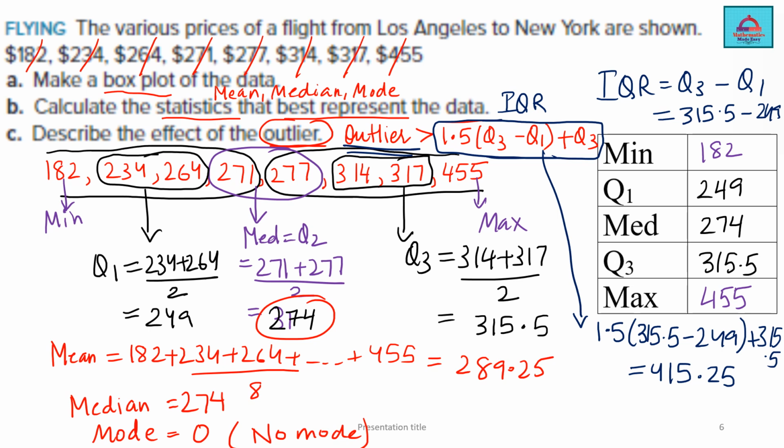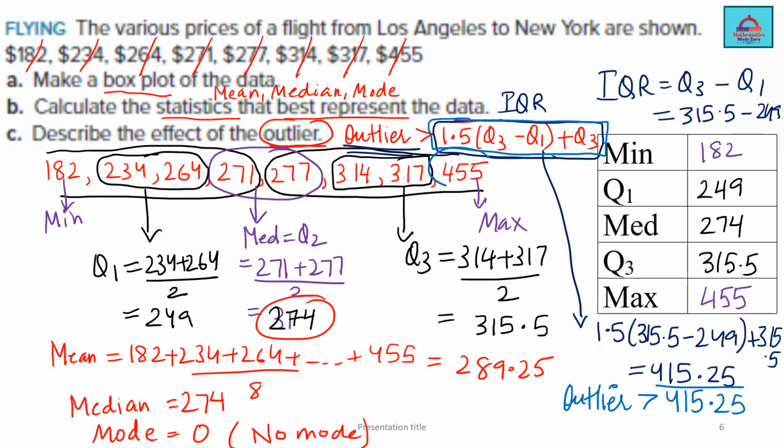Now to check for outlier, you have to go back to the numbers and see which number is more than 415.25, because by definition of outlier, it has to be more than this formula, 1.5 times Q3 minus Q1 plus Q3, and this value has come out to be 415.25. So look at the numbers, which one is more than 415.25.